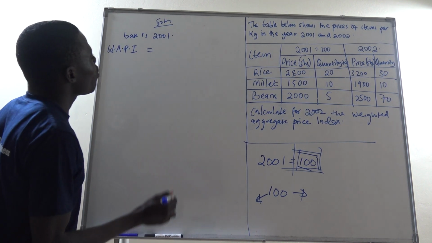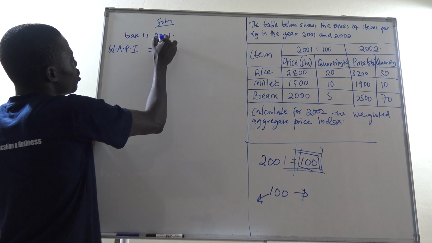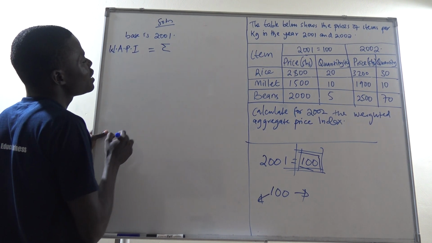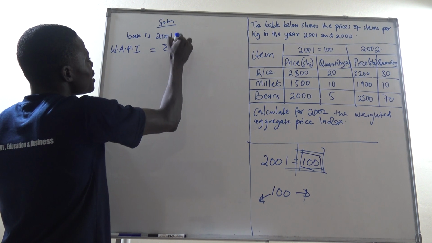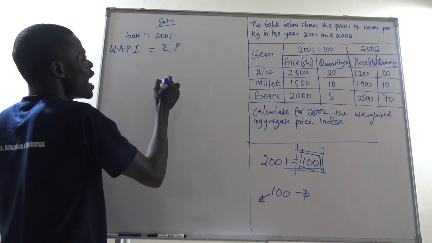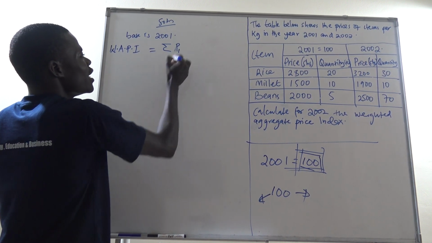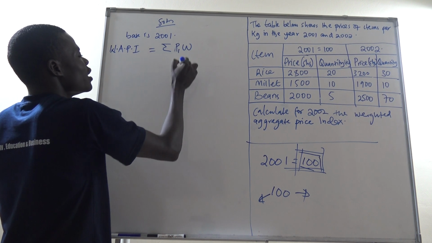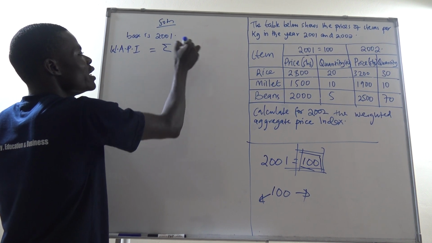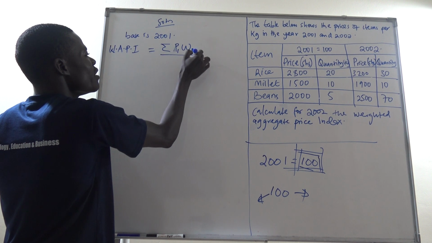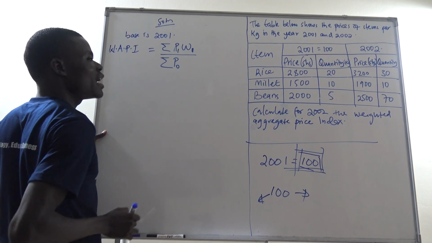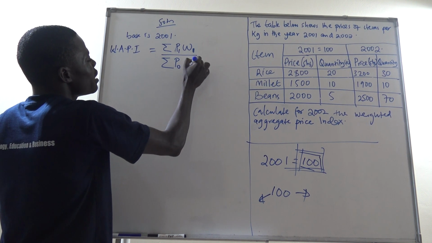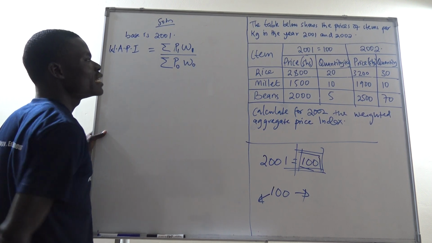We take the summation of the price in the current year, that is P1, times their respective weight in the current year, then divide by the summation of the price in the base year times their respective weight in the base year.